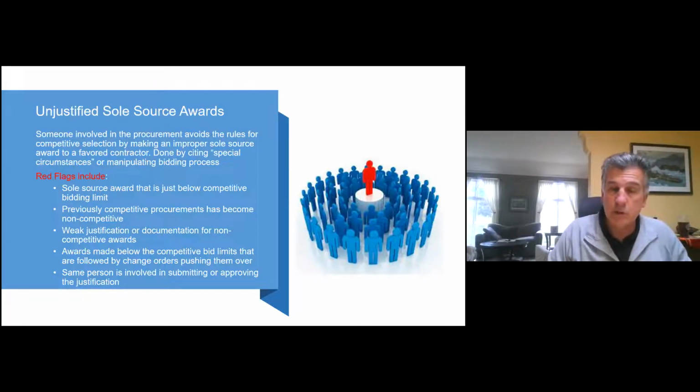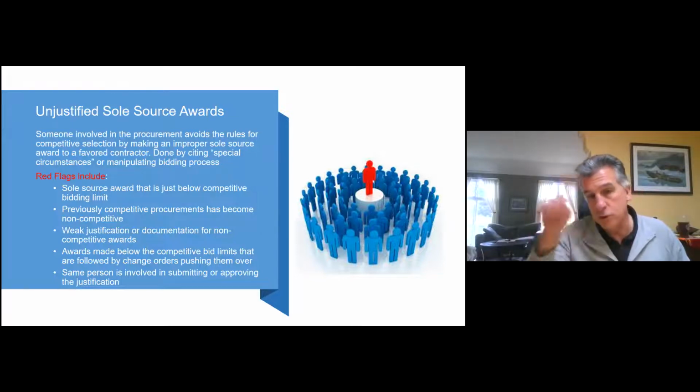Previously competitive procurements have all of a sudden become non-competitive. Weak justification or weak documentation for non-competitive awards. Awards made below the competitive bid limits that are quickly followed by change orders that push them over that bid limit. And then also, the same person is involved in submitting or approving the justification.